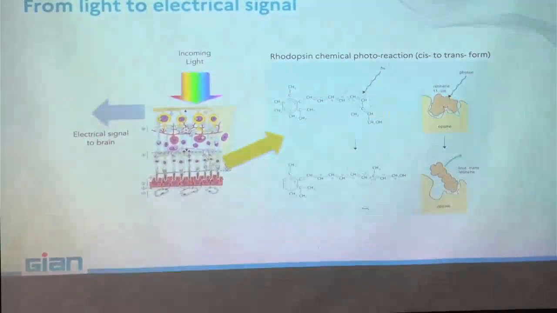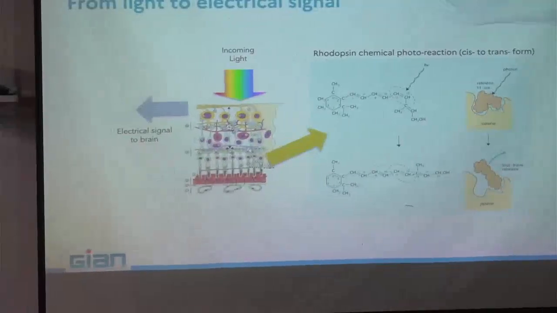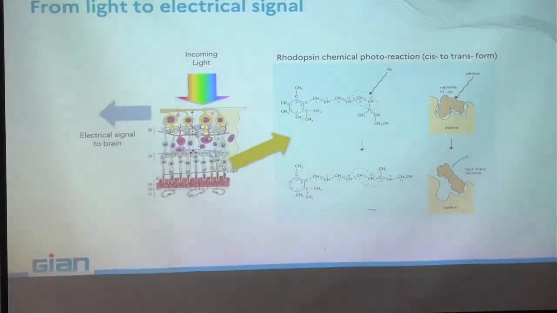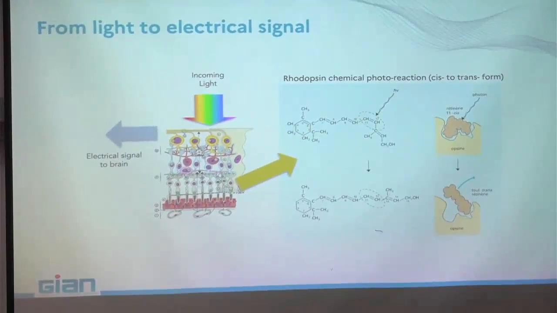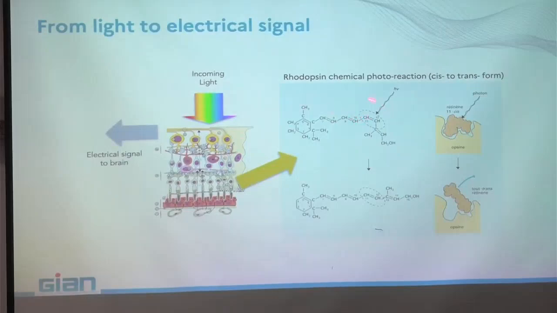When a photon hits either a rod or a cone, I will not make the difference now, what happens inside? Inside the rod or the cone, you have a molecule that we call rhodopsin. There are different types of opsins, it's a molecule of this type here, and this molecule has two isomer situations.